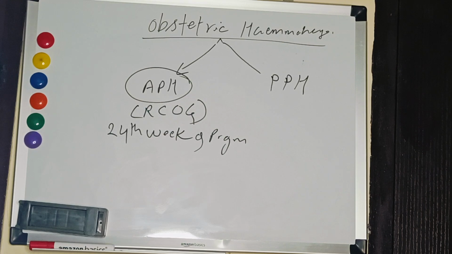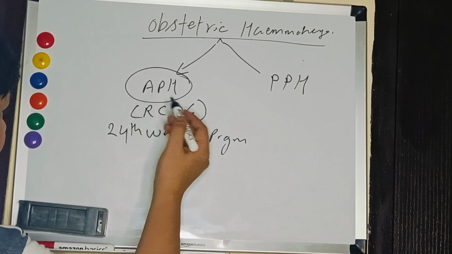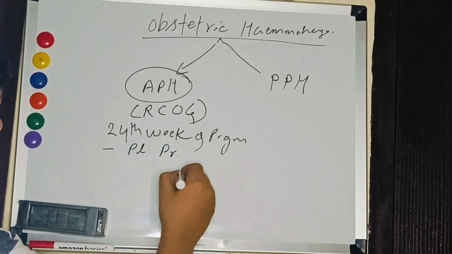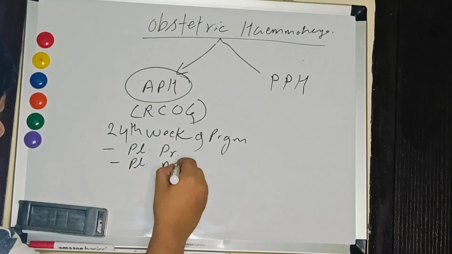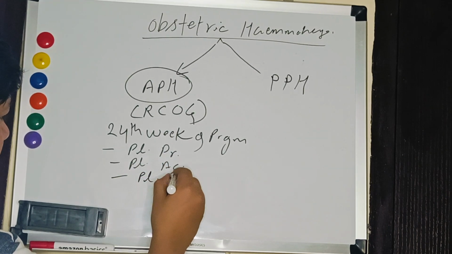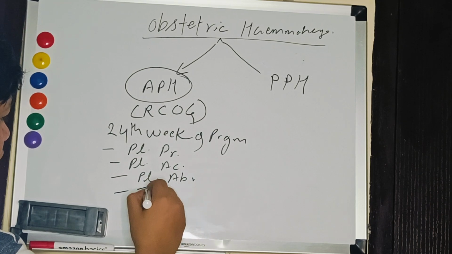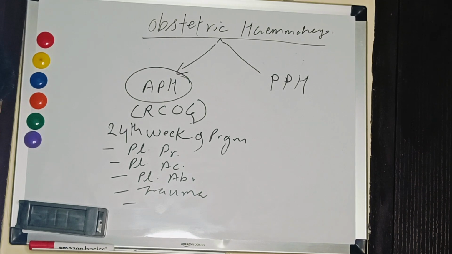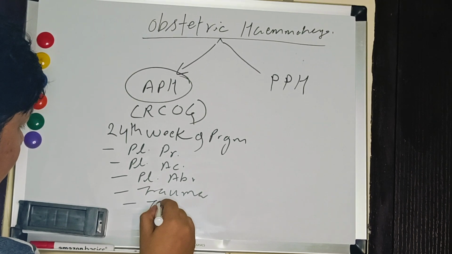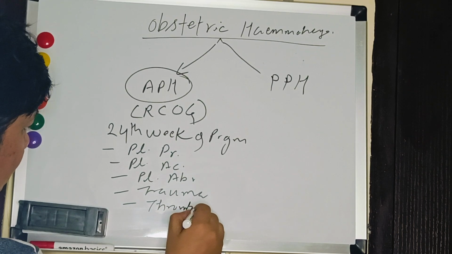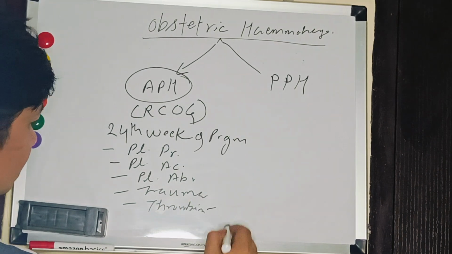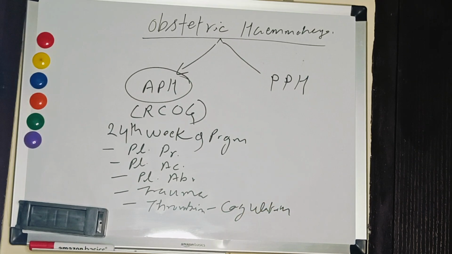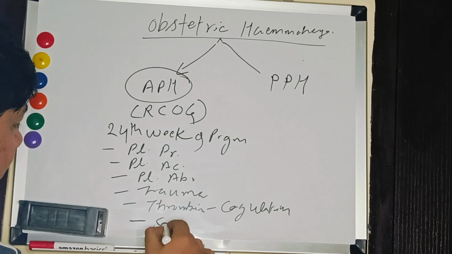The common causes of antepartum hemorrhage are placenta previa, placenta accreta, placenta abruptio, trauma, thrombin problems like coagulation disorders, and septicemia.